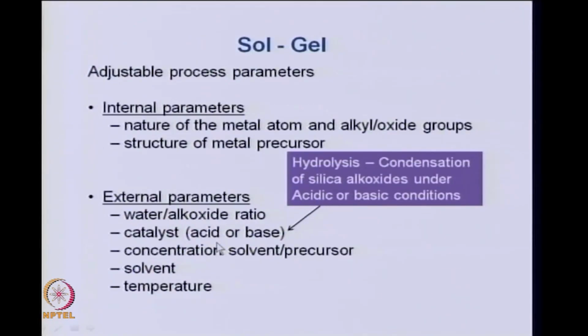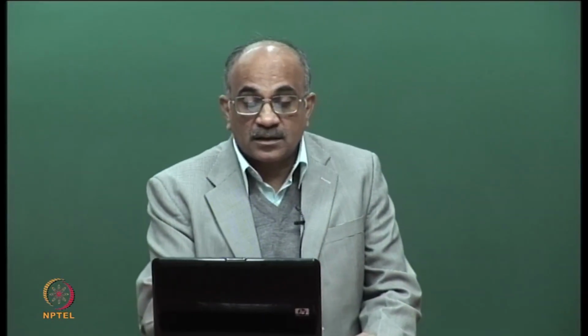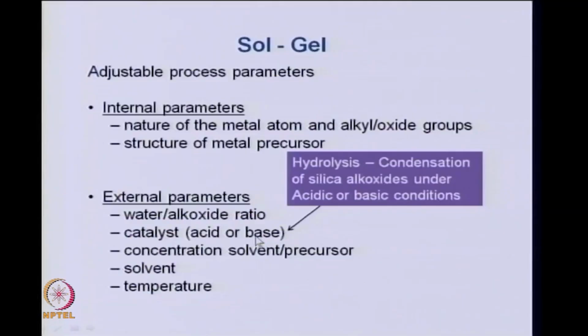The acidic or basic conditions will determine the extent of hydrolysis and condensation and the rates at which they take place. And so, this can be controlled using the amount of acid or base that you add.